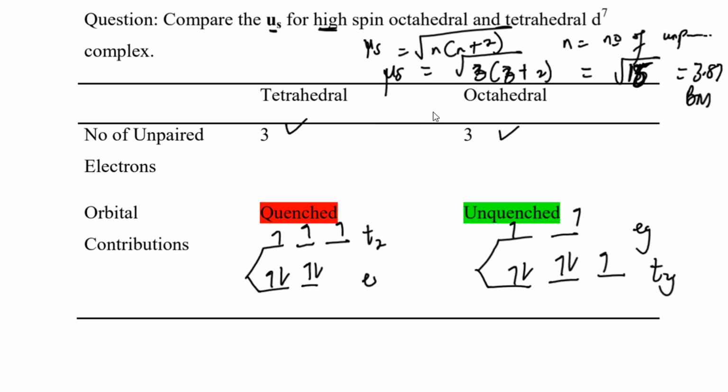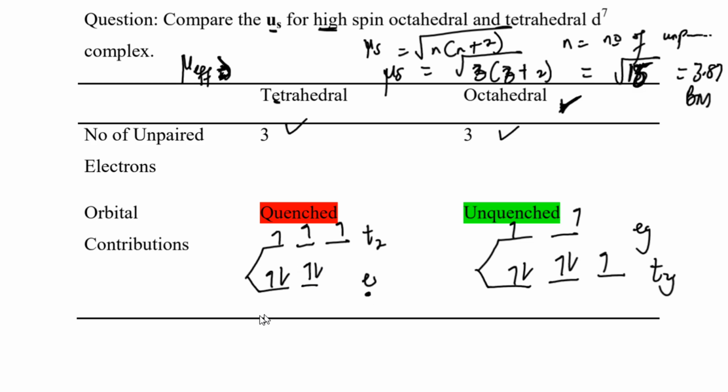But in the actual sense, when you do this experiment in the lab from experimental data, you would always observe that this octahedral would have a higher effective, like the real value itself is the effective. So you expect that the effective for octahedral to be higher than the value for tetrahedral. And why is that? Looking at this, we see that in this case the last electron was on the E orbital, right?